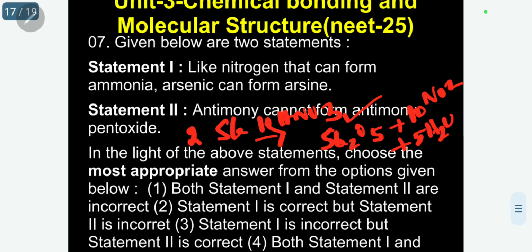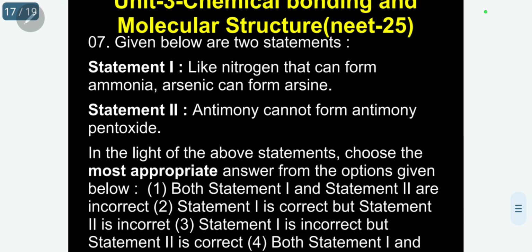Another method is also there, that is Sb2O3, by using again nitric acid we can prepare antimony pentoxide.